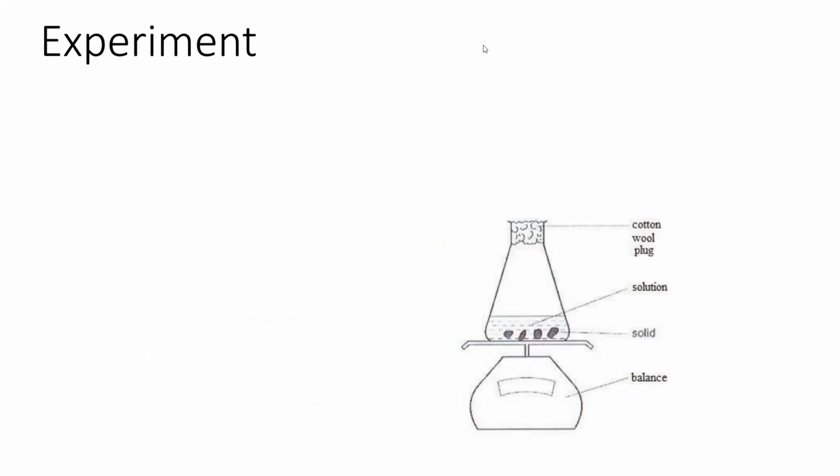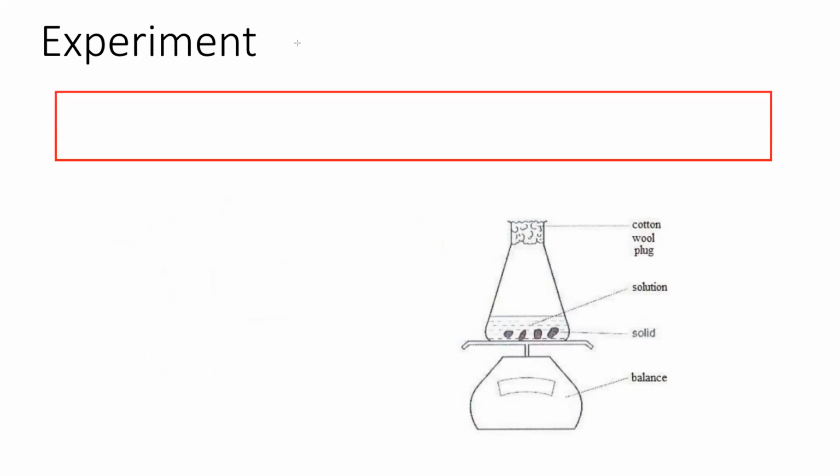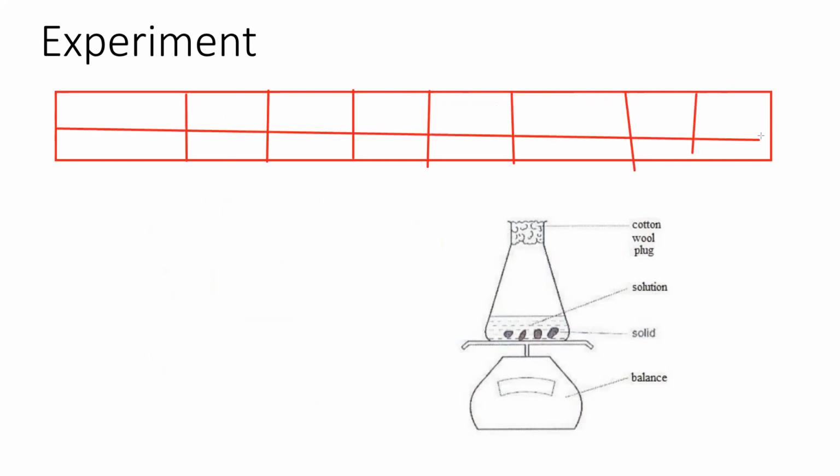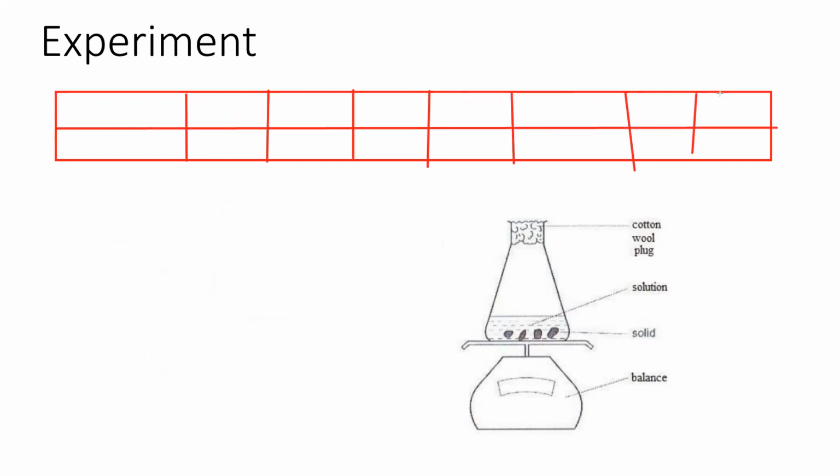So the mass of the content in the flask in the beginning will be higher, but with the passage of time, the amount will decrease. So mass of content and time: time can be in seconds, and mass of content can be in grams.